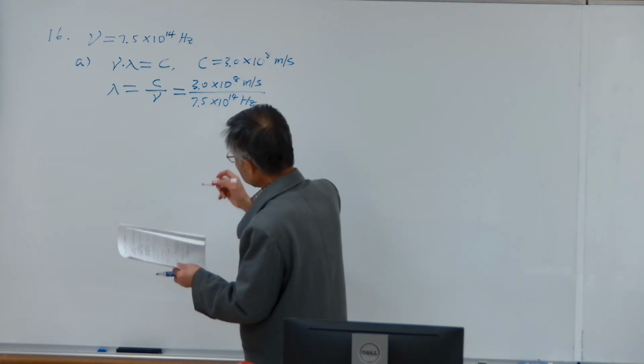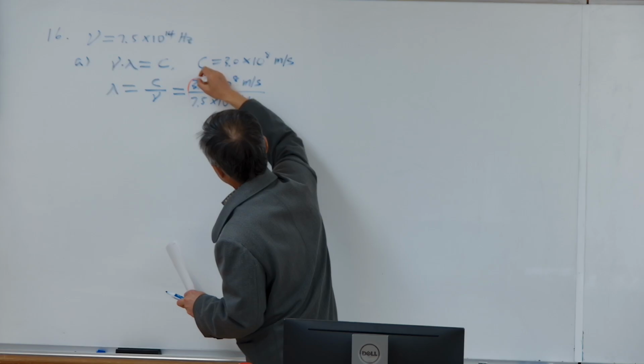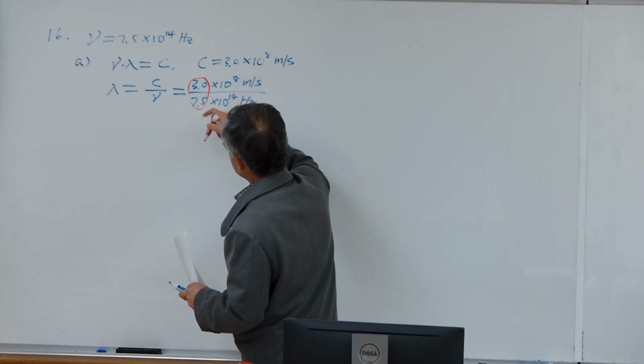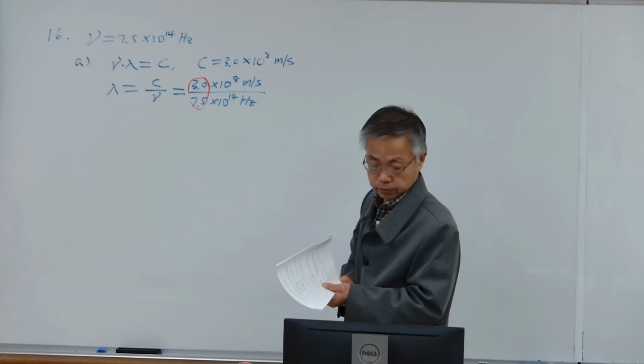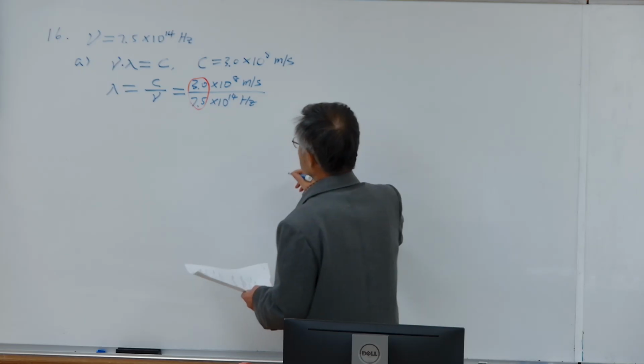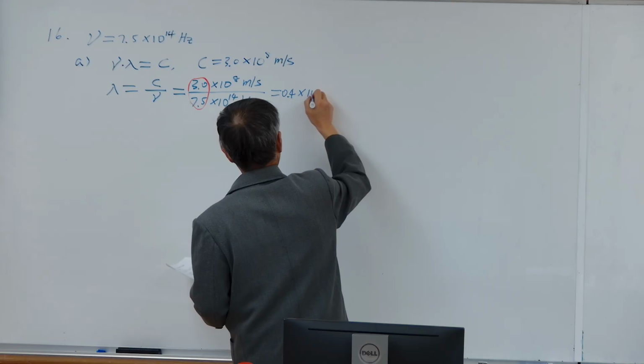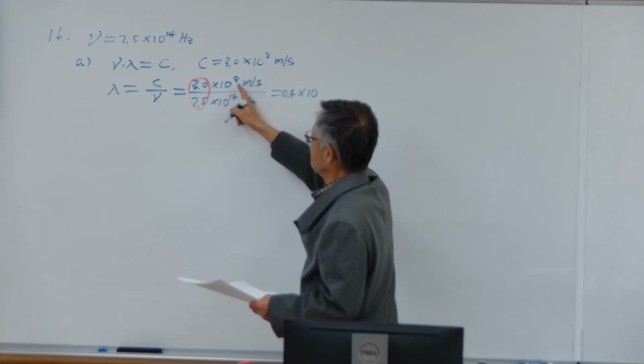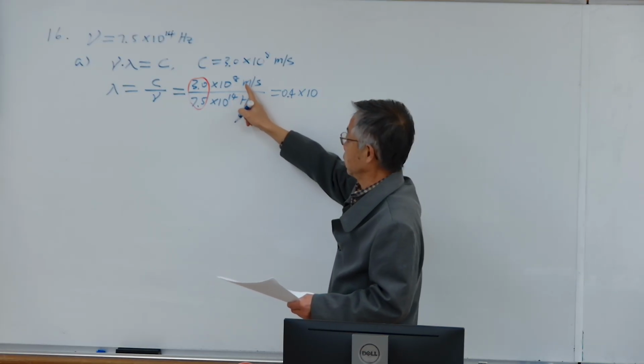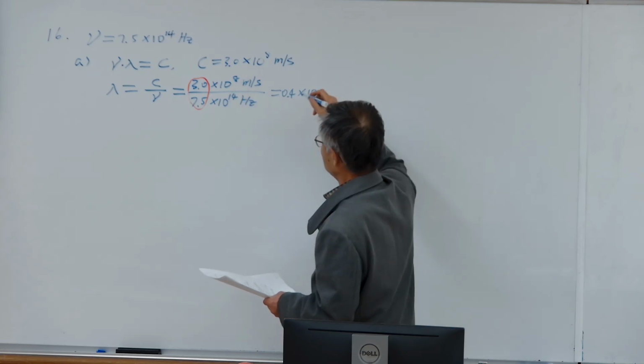Use the calculator, find the value of 3 divided by 7.5. So this will be 0.4. Exponent, division, subtract the exponents: 8 minus 14.